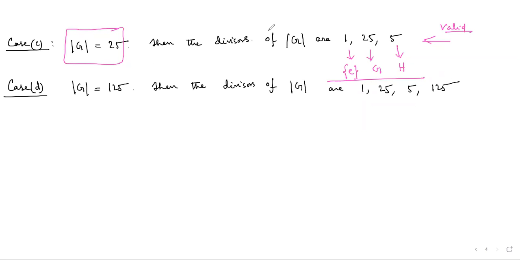Now the same problem is coming out over here. Corresponding to this number, we have the group G. Corresponding to this number, we have the singleton E. For this number, we have H. But what about this? No subgroup of this order, or no unique subgroup of this order.